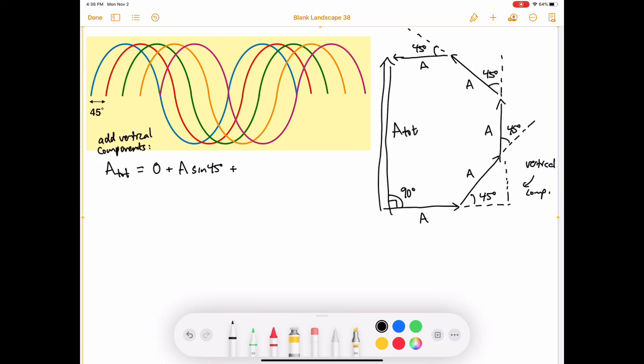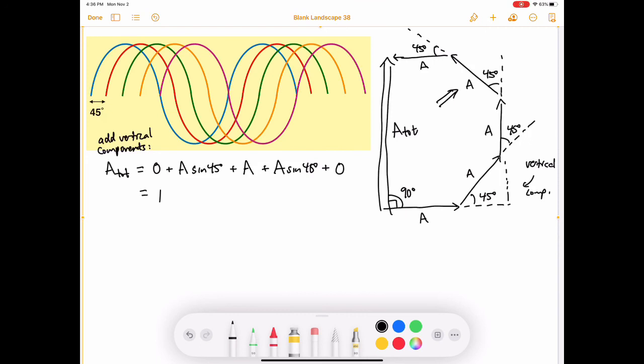For the next phasor, this one over here, the vertical component is A because it's pointing straight up. And then for the next one, this one over here, it's once again going to be A sine 45 degrees. And then the final phasor is pointing to the left. It's only horizontal. There is no vertical component. So that's A total.